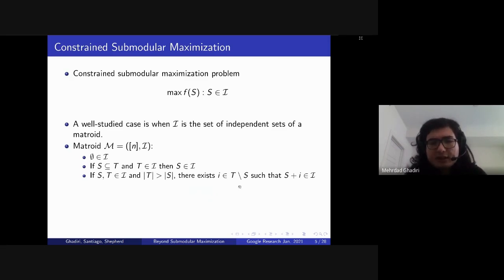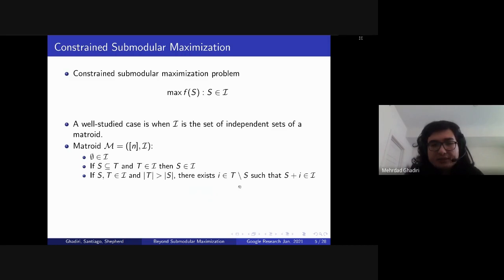Matroids are a class of families of sets that have these three properties. First of all, they're non-empty. Second, they have this hereditary property: if some set is in the independent sets of the matroid, then any subset of that set is also in the matroid.